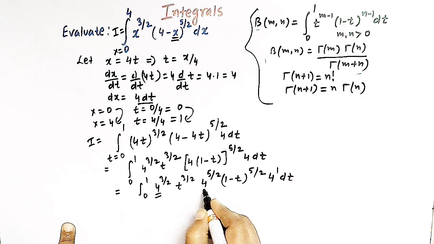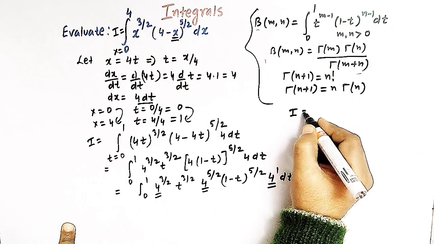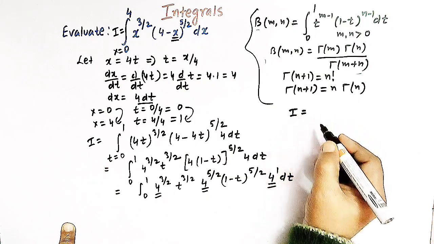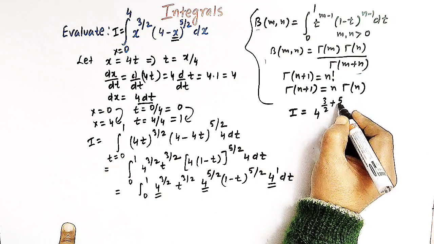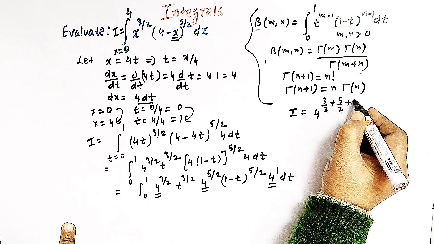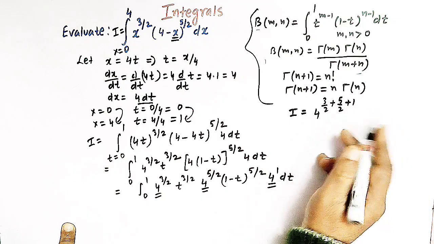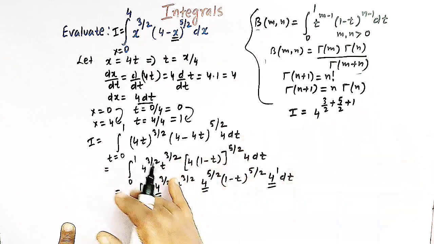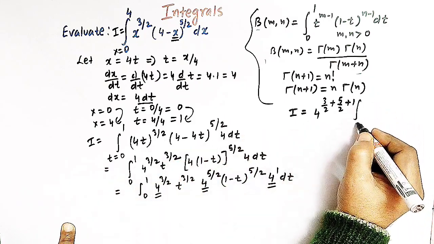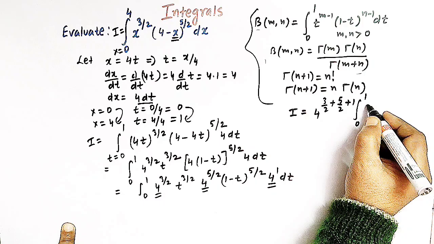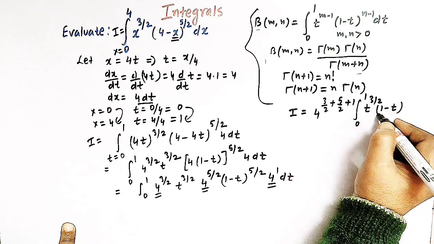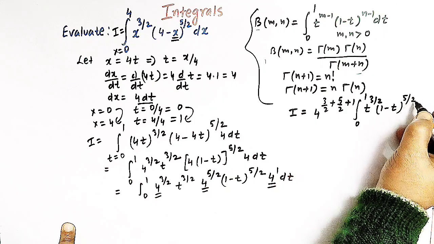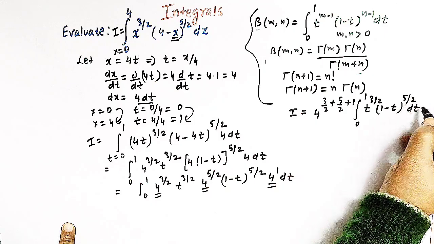So now let us first collect these 4's, right? So we have I is equal to 4 raised to 3 by 2 plus 5 by 2 plus 1, and taking this term outside the integral, and then we have 0 to 1, t raised to 3 by 2, 1 minus t raised to 5 over 2, and here we have dt.